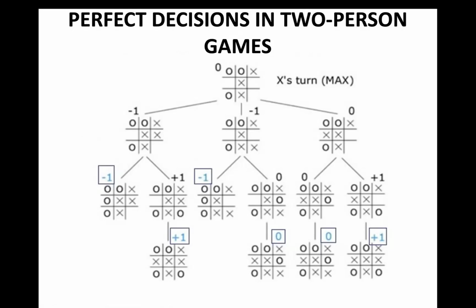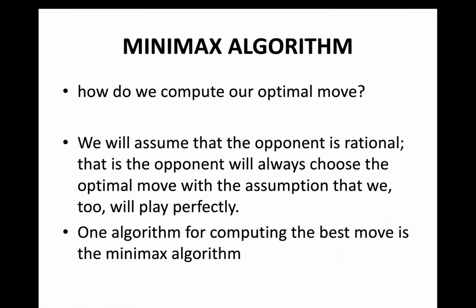So we ask ourselves, is there a way in which we can eliminate or avoid some of the branches that are less promising? Similar to the way we do it as human beings when we're trying to make a decision, we look at those options that are promising, and those which are less promising, we avoid them.